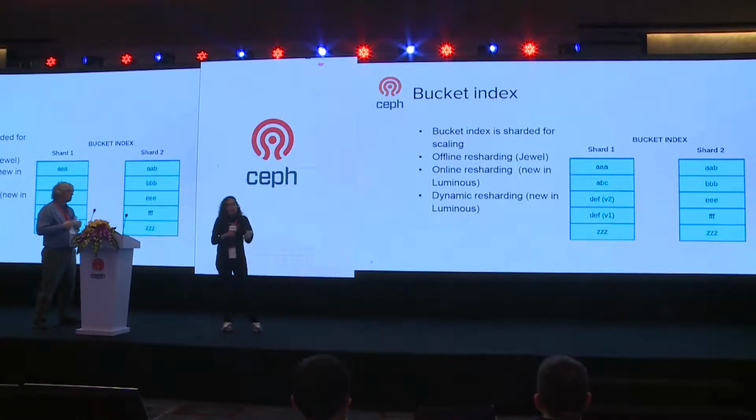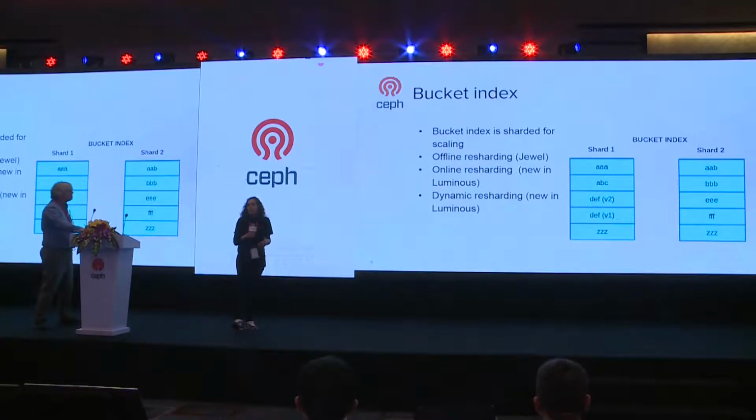You can think, I will need only 100, and in the end the bucket will grow and you need more. In Jewel, you added offline sharding, which allows a user to change the number of shards a bucket index uses. In Luminous, we have online sharding, which means you can manually reshard the bucket and increase its number of shards.